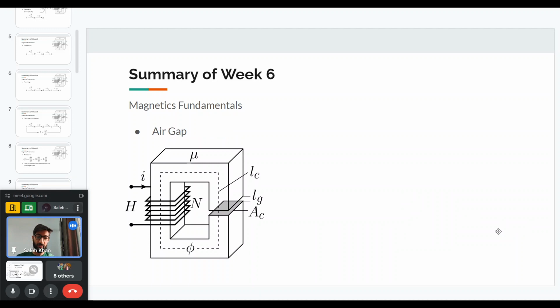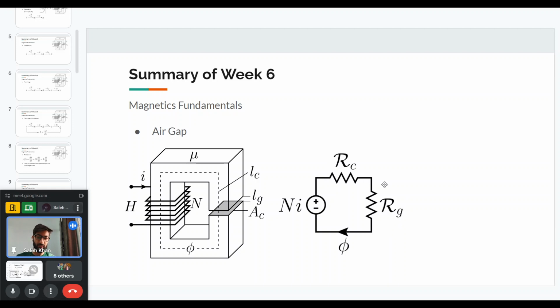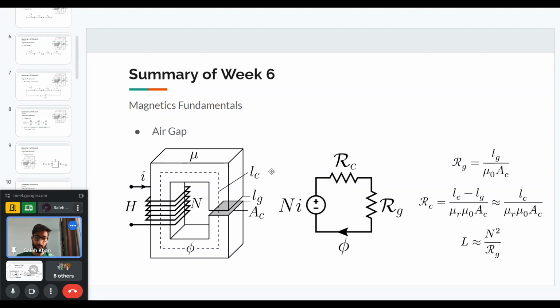So the magnetic reluctance of the core will be much smaller than the reluctance of the air gap. In fact, this air gap will determine the reluctance of the whole magnetic circuit, and then it will also determine the flux that will pass through the circuit.